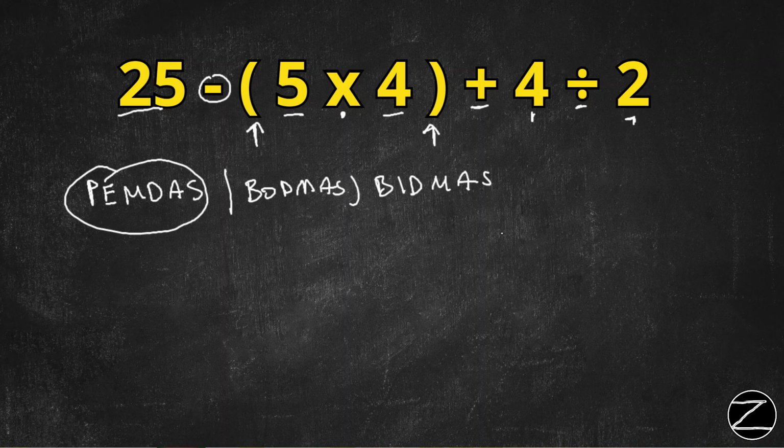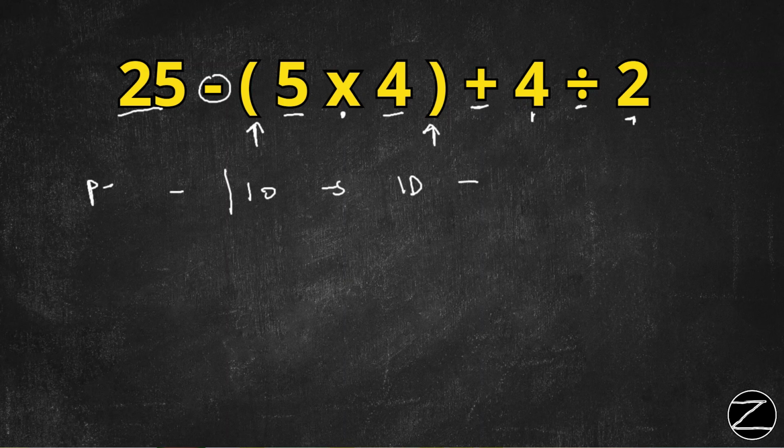So now, what's the first step you should take in this problem? Well, let's look at what PEMDAS stands for. Let me rewrite PEMDAS over here one more time, because if you don't know what to do, you might get this problem wrong in a test or in a quiz. P stands for parentheses.